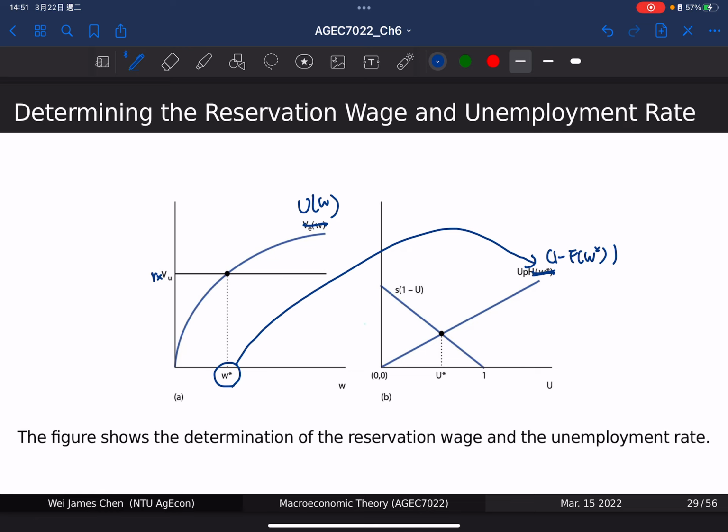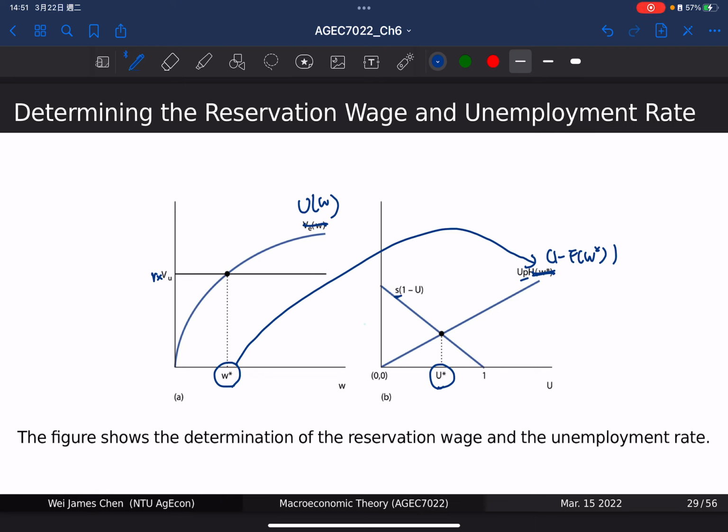And the S and P here are constant. Then you find the U that equates S times 1 minus U and U times P times 1 minus F of W star. That gives you the unique U star that solves the equation.